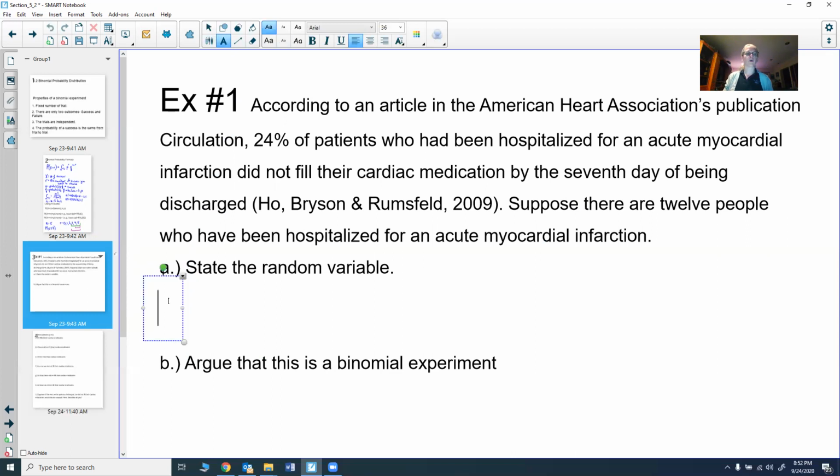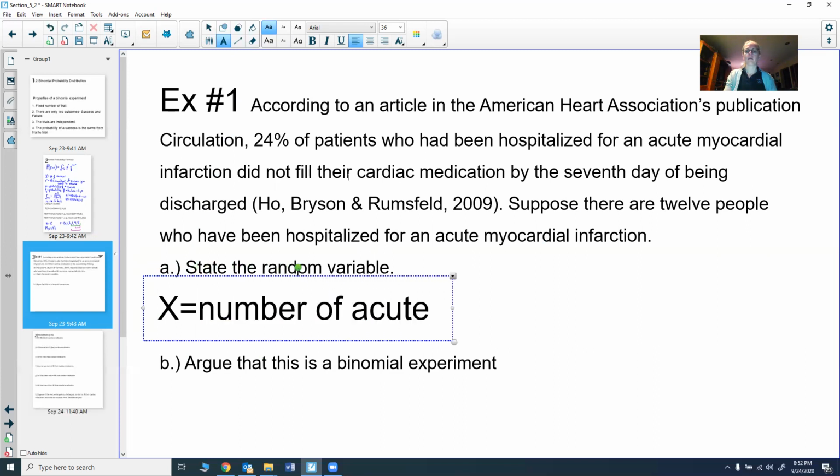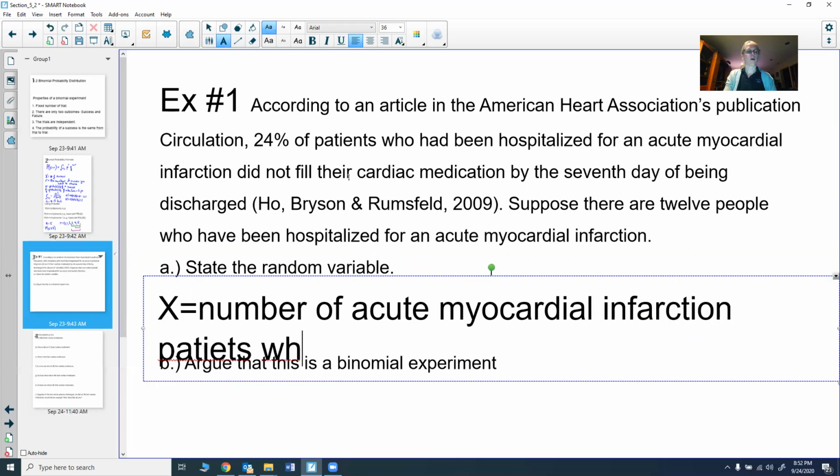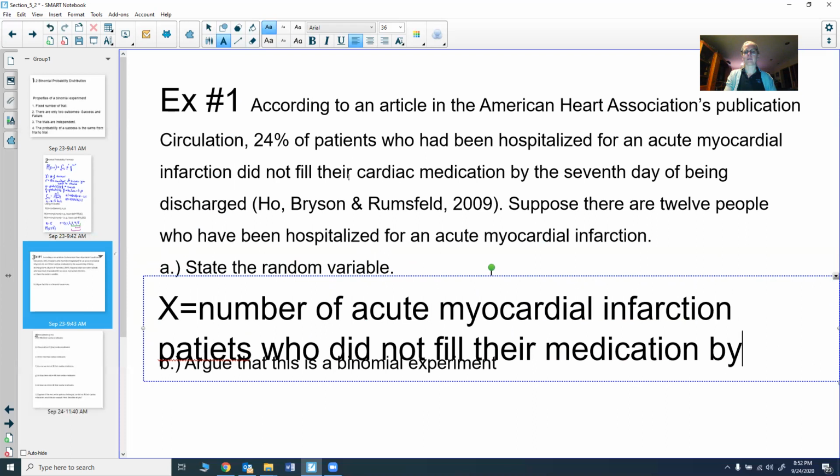In this case, we're saying that our success is actually that they did not fill the medication within 7 days. So X would equal the number of acute myocardial infarction patients who did not fill their medication by the 7th day.